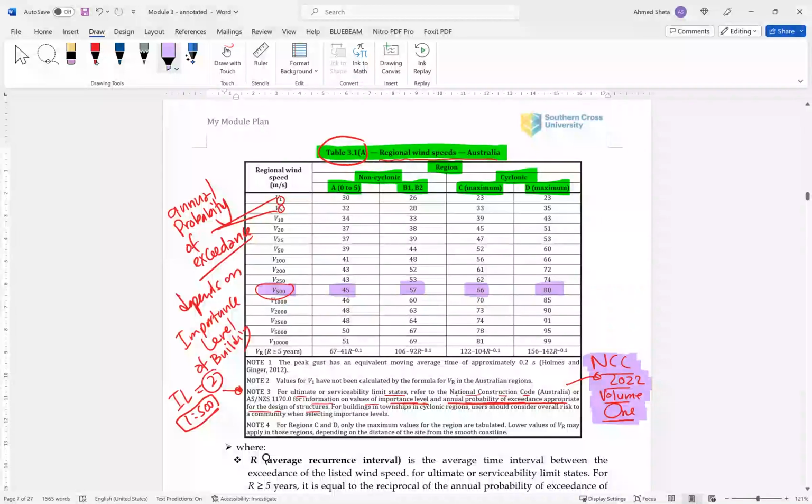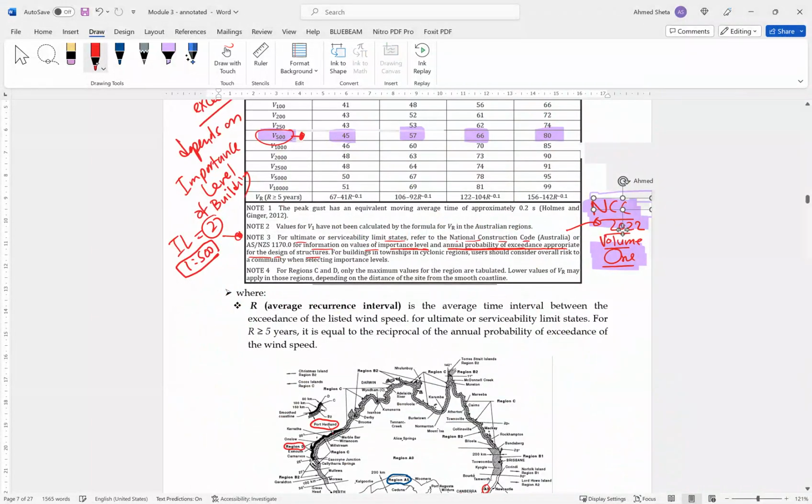So depending on the region and the probability of exceedance, you can find the regional wind speed VR, where R is defined as the average recurrence interval, which is the average time interval between exceedances of the listed wind speed for ultimate or serviceability wind speed. For ultimate, for R more than 5 years, it is equal to the reciprocal of the annual probability of exceedance of wind speed.